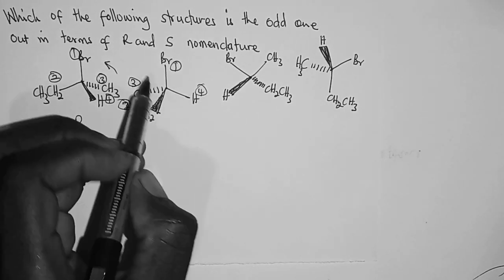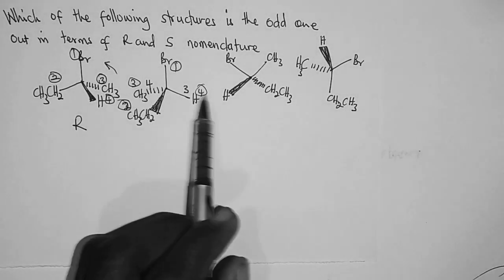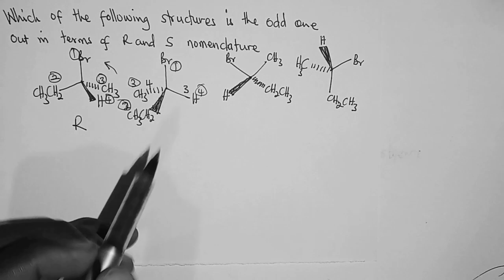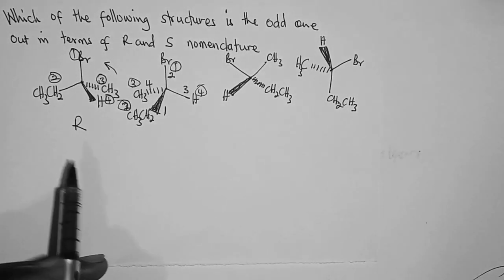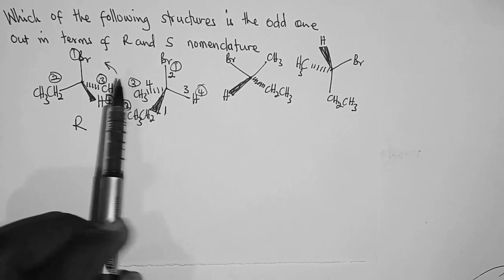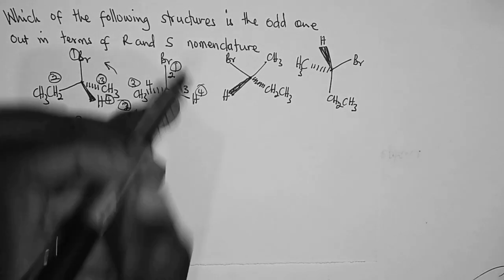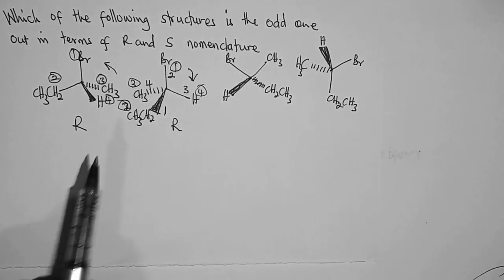And therefore, here becomes number 4, and this becomes number 3. And when we do this swap, the rule also says that we should swap the other two. Therefore, this becomes number 1, and this becomes number 2. So if we cover 4, then this becomes 1, 2, 3. So it's moving in the clockwise direction, and therefore this is an R.